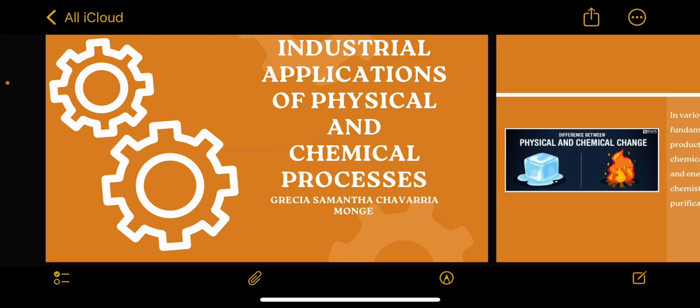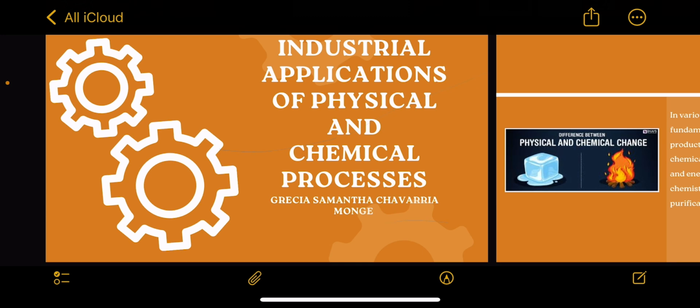But first of all, we have to understand that in modern industry, the application of physical and chemical processes plays a critical role in manufacturing, quality control, and product innovation, from food and drinks like Coca-Cola and Pepsi. Their processes are fundamental for transforming raw materials into valuable products. These processes play a crucial role in sectors like chemical manufacturing, pharmaceuticals, food processing, and energy production.